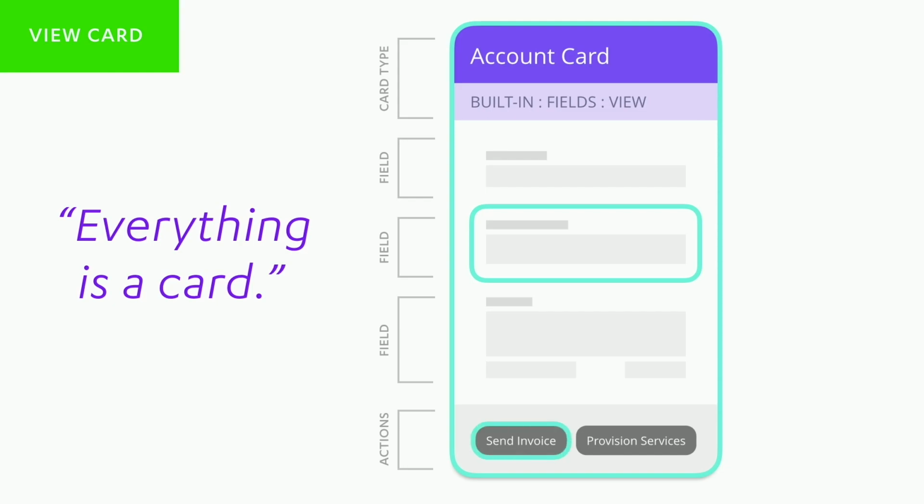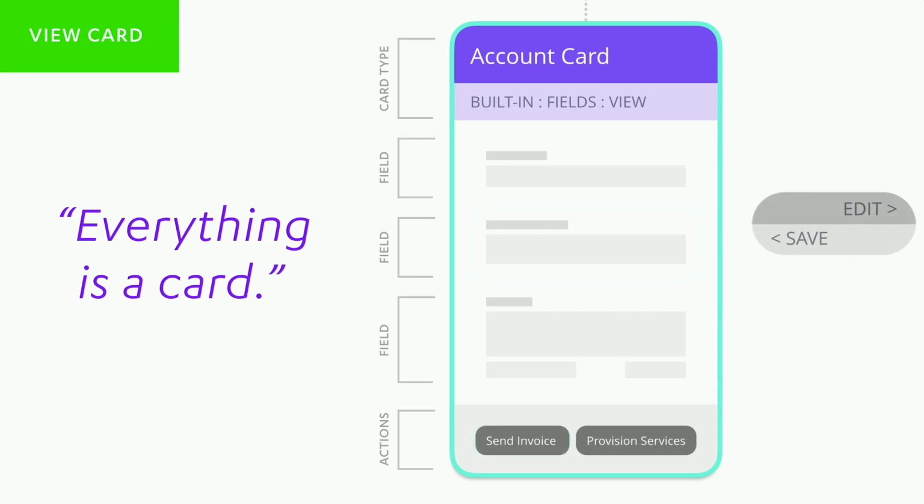The invoice, the button to send the invoice, the button to copy the information from this account and issue another invoice is also another card. To be able to do this means that we need to have the concept that everything is a card, but a card can be embedded within a card, and that's going to be a primary aspect of what we're talking about today. So let's dive right in.